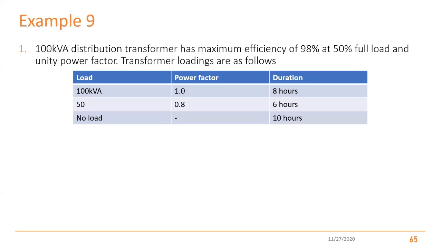The loading is given, the power factor is given, and the duration for which the transformer operates at that loading is given. 100 kVA for 8 hours with unity power factor, 50 kVA for 6 hours with 0.8 power factor, and for the other 10 hours the transformer operates under no load.